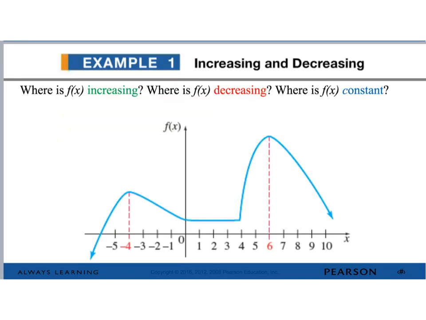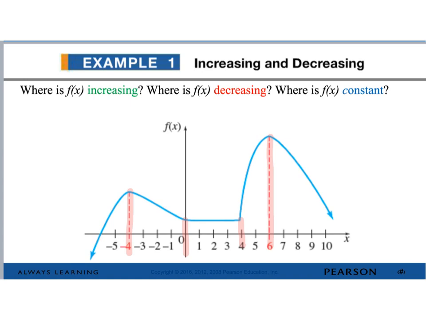So let's talk here about where f of x is increasing, where it is decreasing, and where it is constant. First of all, we notice that f of x has some changes in behavior at -4, at 0, at +4, and at 6.